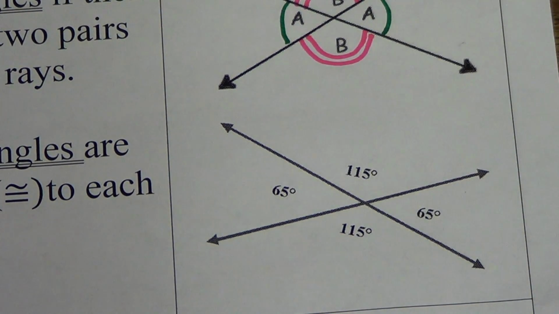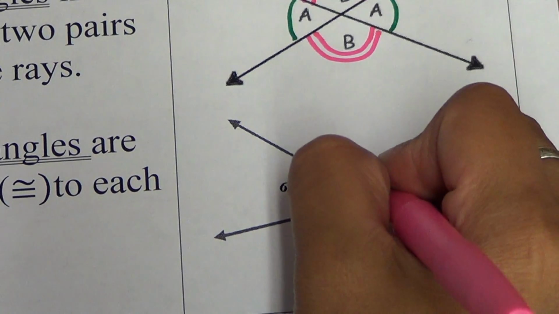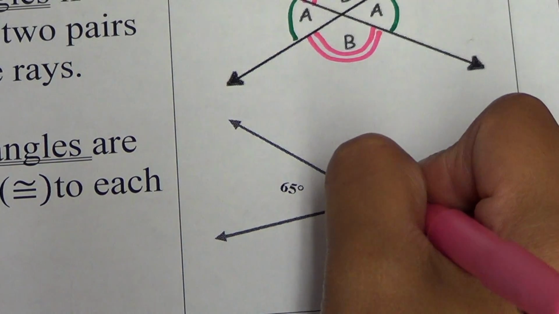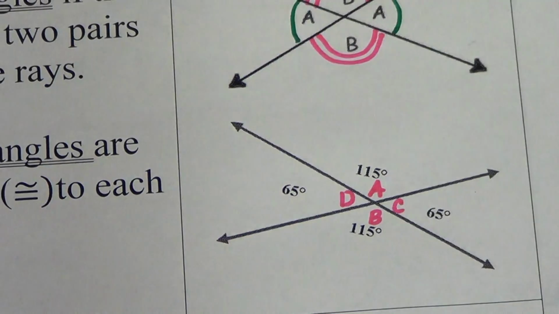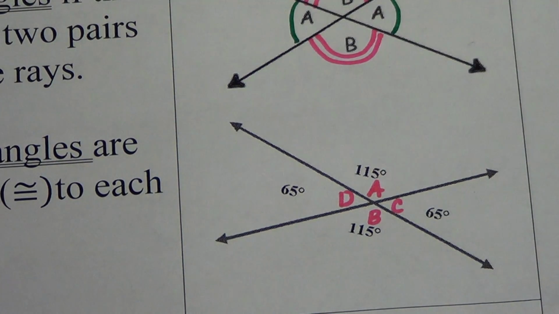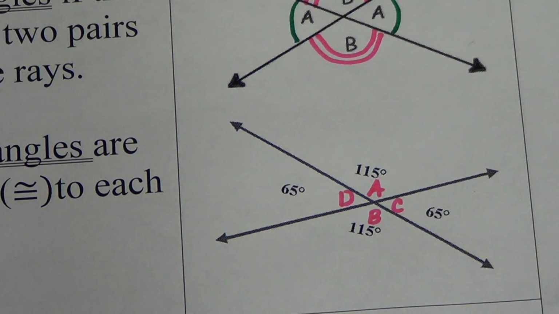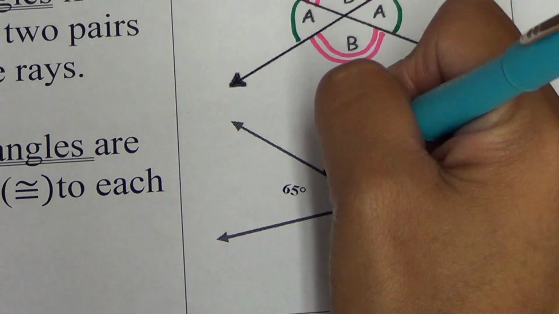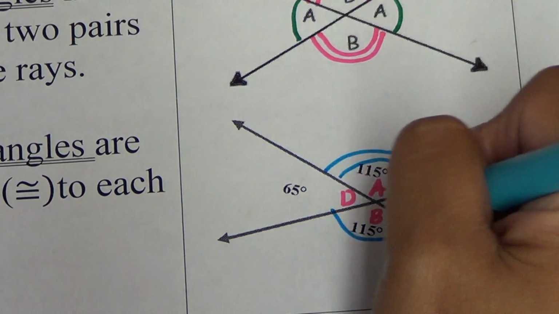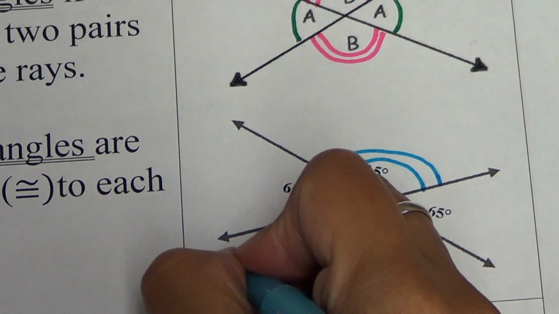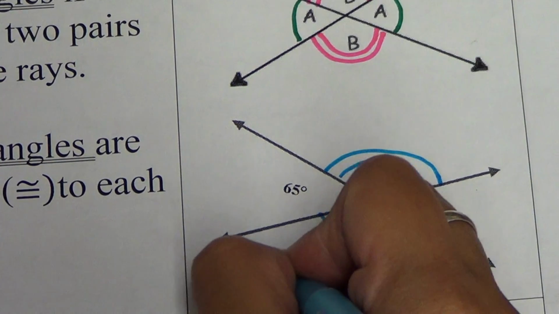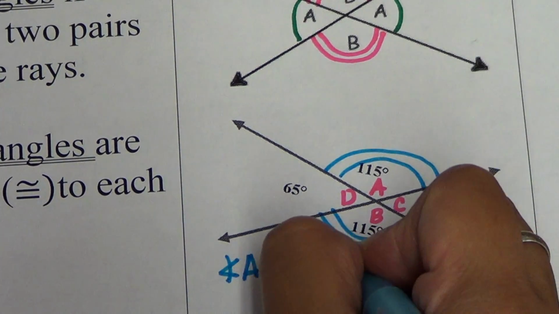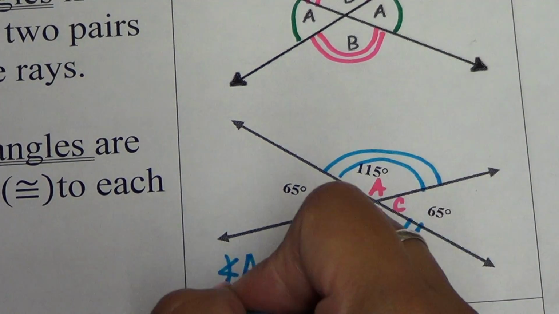Even if I called this angle A, angle B, angle C, and angle D, then we would say that angle A and angle B are vertical angles.